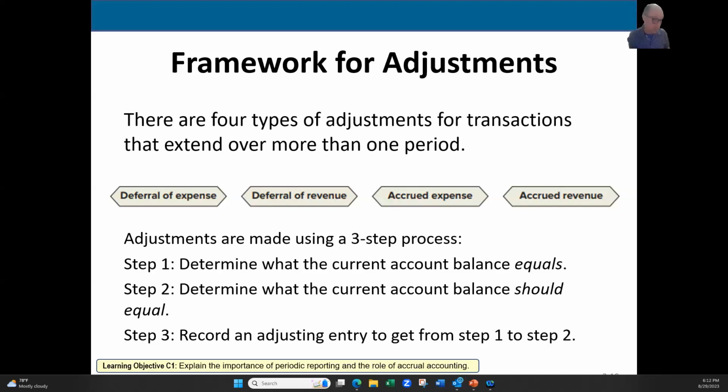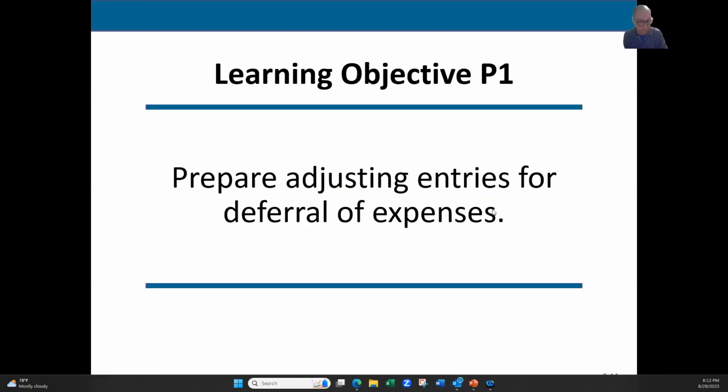Might be prepaid accounts, prepaid insurance. Those are the type of balance sheet accounts that get adjusted, typically. The income statement accounts are usually expenses. So don't worry, we'll go through a couple of examples, but I just want to help you prepare to understand the basics.